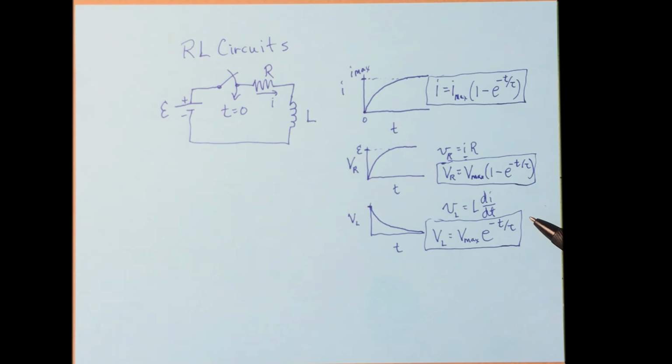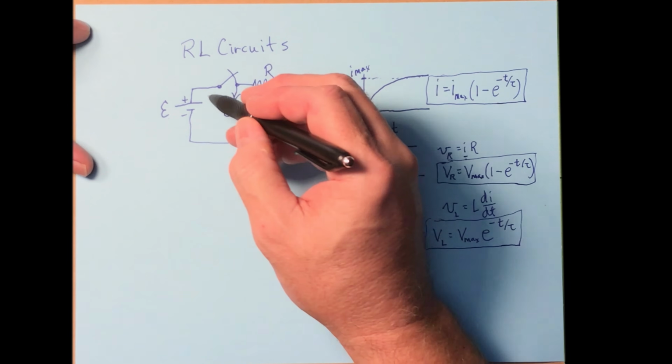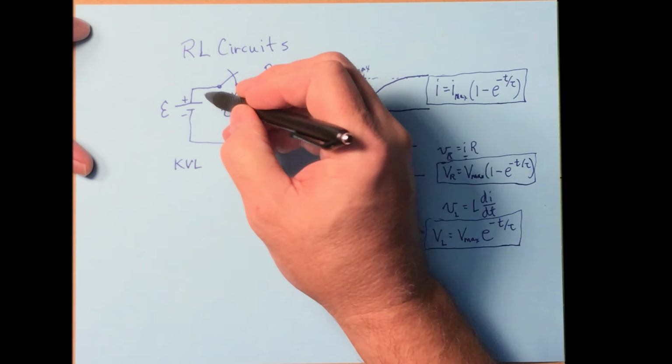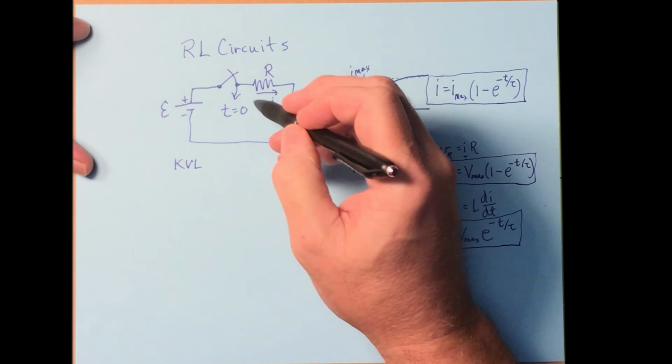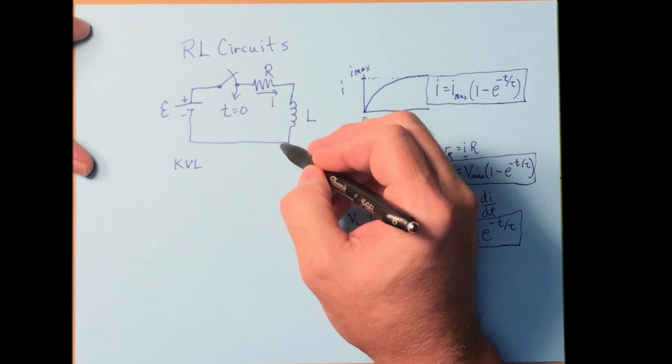All right, so now let's apply a little mathematics to it. Like I said, we won't go through all of solving a differential equation, but you'll be able to see it, I think. Let's do KVL. We have one loop here, and everything has the same current. So let's write down our loop equation. I'm going to start in the upper left-hand corner and go clockwise.